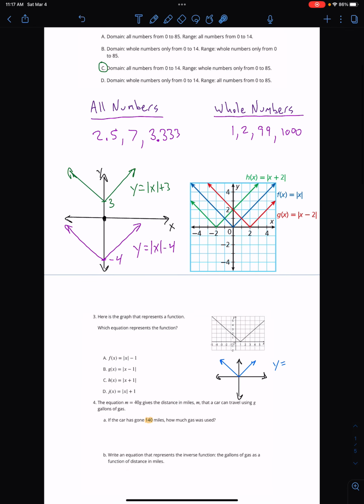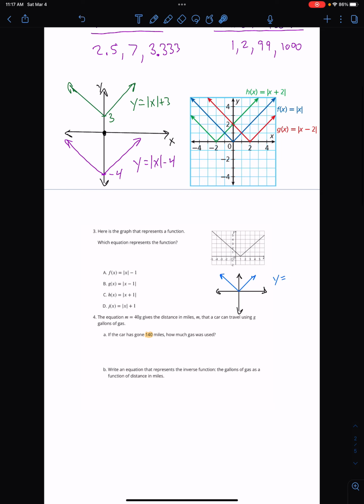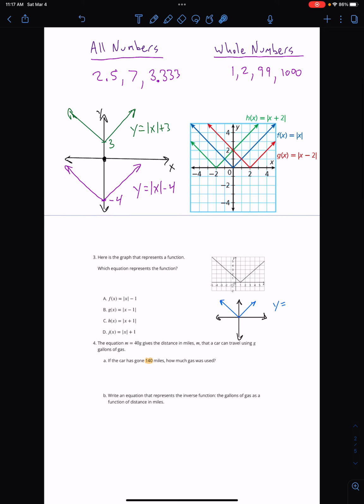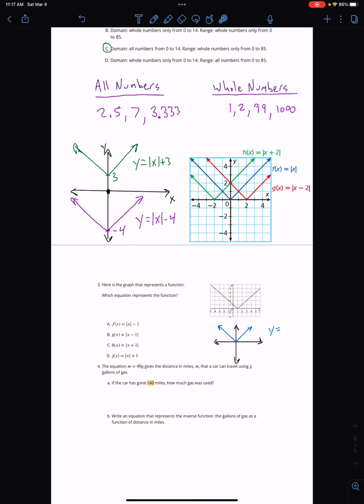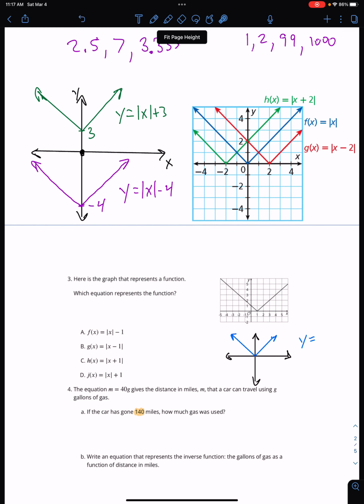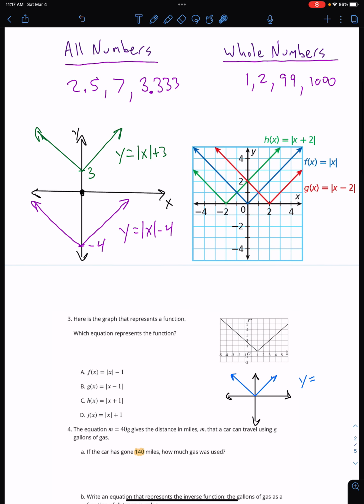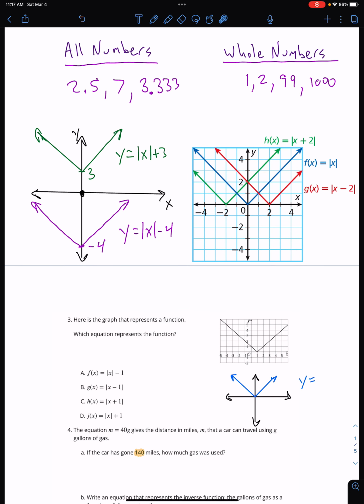So you got to kind of remember that. Up and down, you're adding or subtracting something to the outside of the house. If we're subtracting or adding something on the inside of the house, it goes left or right, and it kind of goes the opposite way we think it should. So just remember, you could try and test it out and plug in your x value and see if it makes y 0 down here.